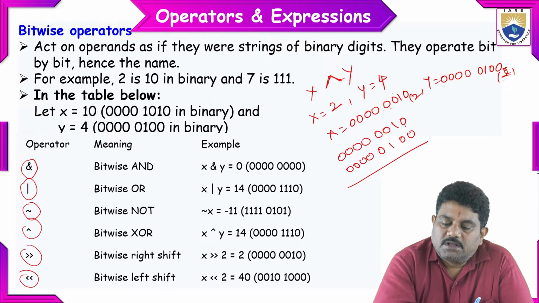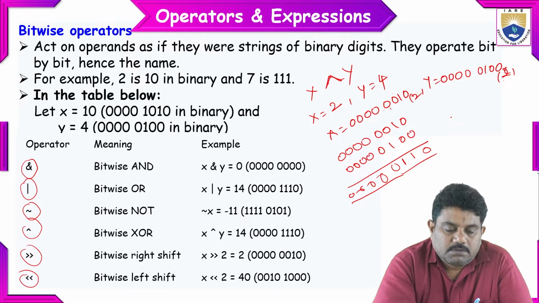See the input. If there is an odd number of ones in the input, then it becomes 1. Otherwise 0. So 0 0: there are no ones, so it becomes 0. 1 0: how many ones are there? An odd number of ones, so it becomes 1. 0 1: an odd number of ones, so it becomes 1. 0 0, remaining all 0. This is how the output will come.